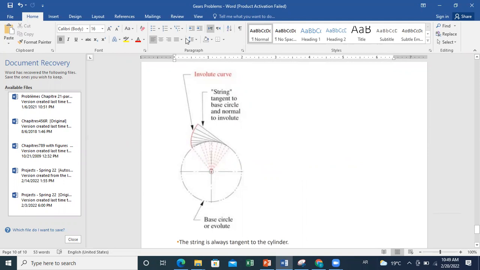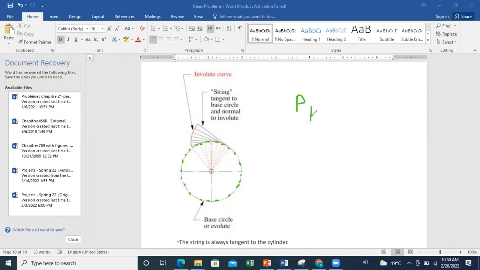So first, whenever you want to make a gear and put your teeth in involute form, you should determine for this gear the value of the base circle. Here we have calculated the value of the base pitch, and from the base pitch we can deduce the diameter or radius of the base circle. So we already determined the value of PB.